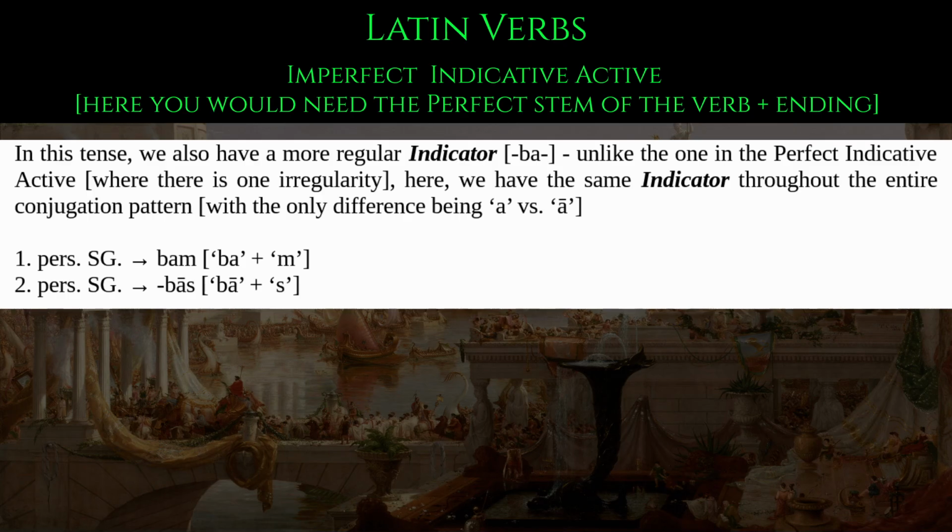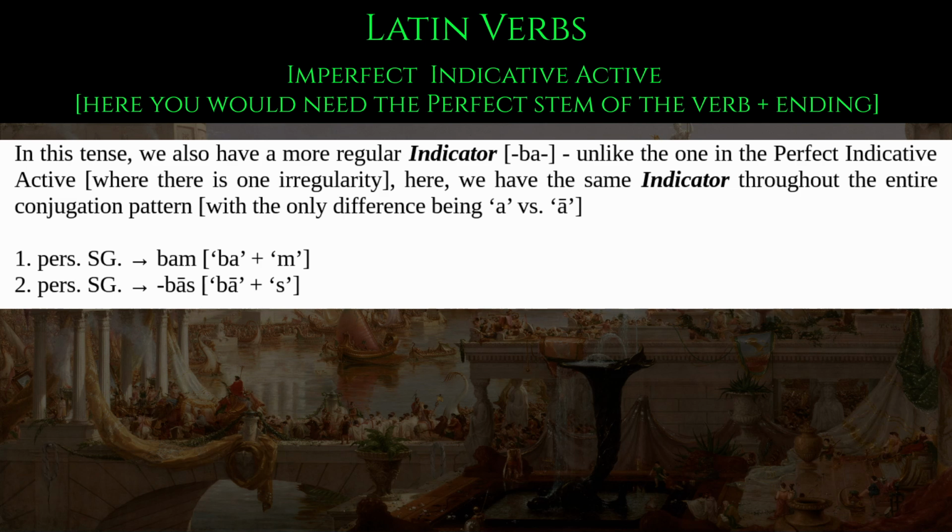Now, imperfect indicative active. Here you would need the perfect stem of the verb plus the ending. In this tense, we also have a more regular indicator, bar, unlike the one in the perfect indicative active, where there is one irregularity. Here, we have the same indicator throughout the entire conjugation pattern, again with the only difference being R versus R. For example, first person singular, bum, which is bar plus M. Second person singular, bars.